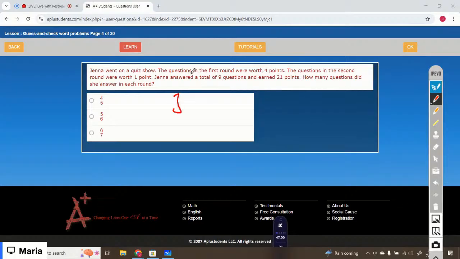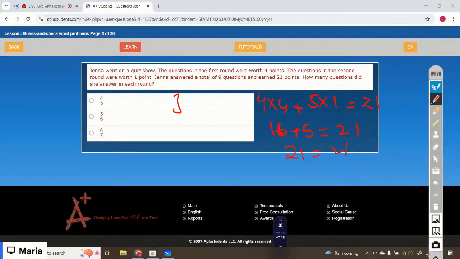So questions in the first round were worth 4 points, so 4 times 4. And questions in the second round were worth 1 point, so 5 times 1. The total points are 21. 4 times 4 is 16. 5 times 1 is 5. 16 plus 5 is 21.